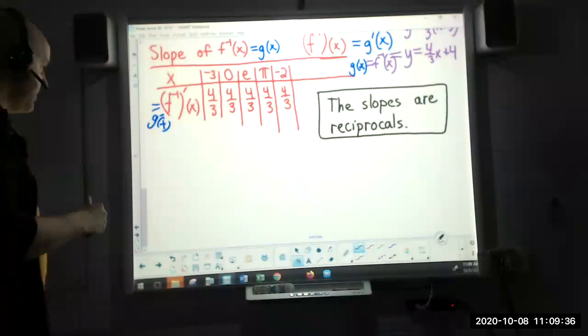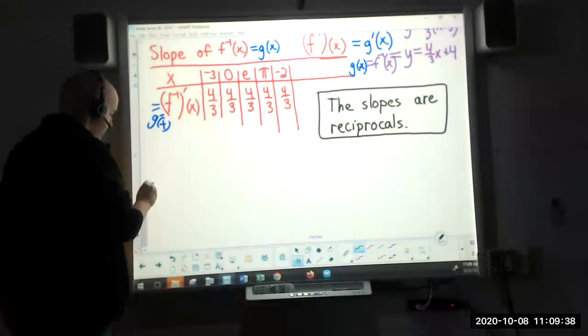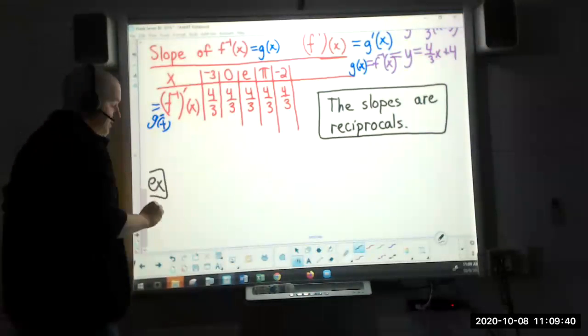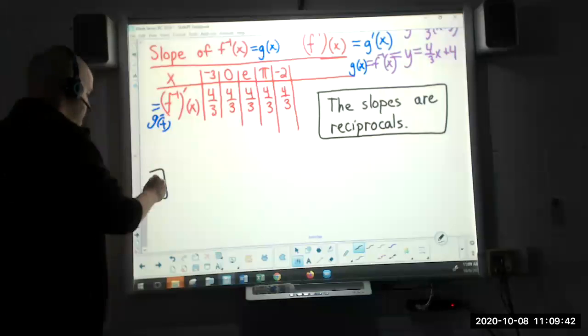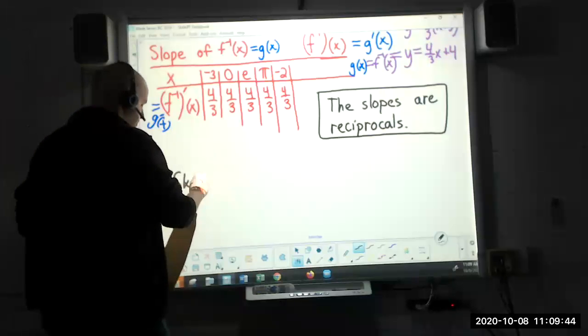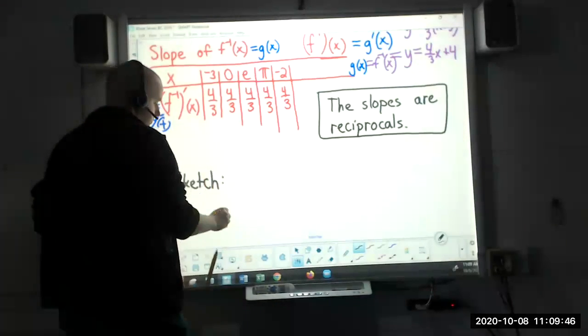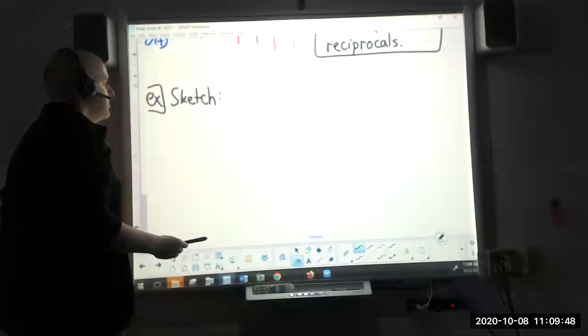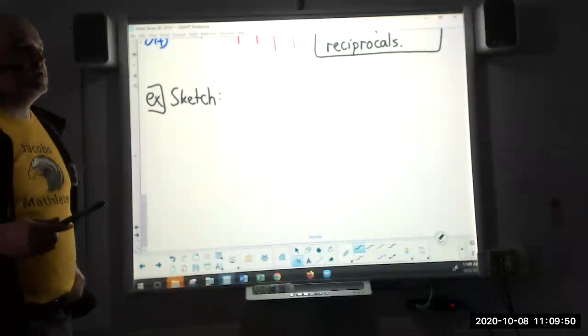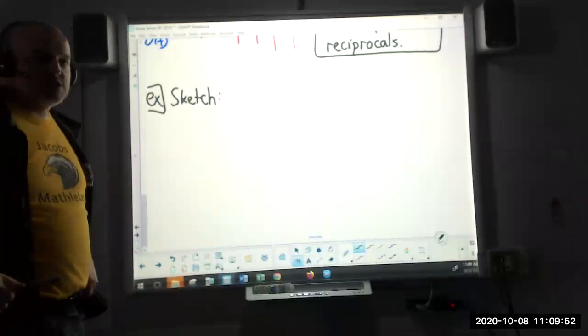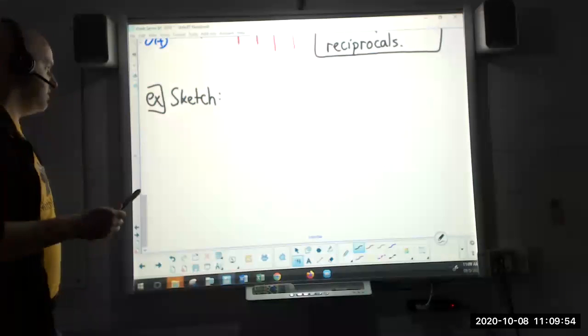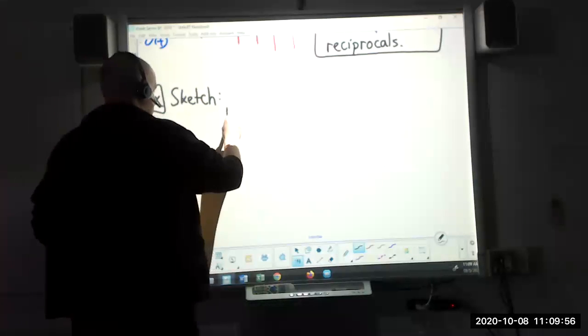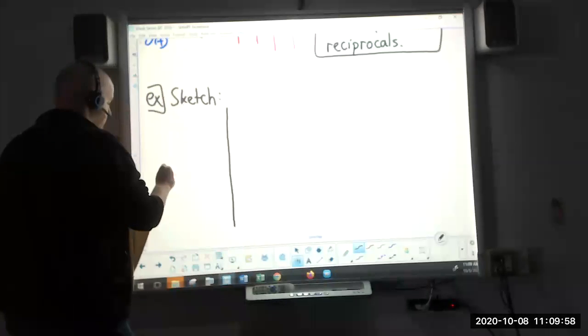So I need you to remember that because we're going to look at a different function. So same directions. I want you to sketch what I'm going to picture for you. I don't want you to look at doing the equations or any of that. We'll come to that later. I just want you to look at the sketch and I want you to give it your best try.